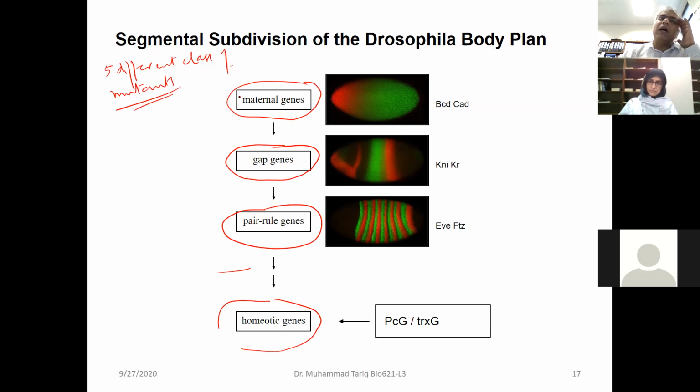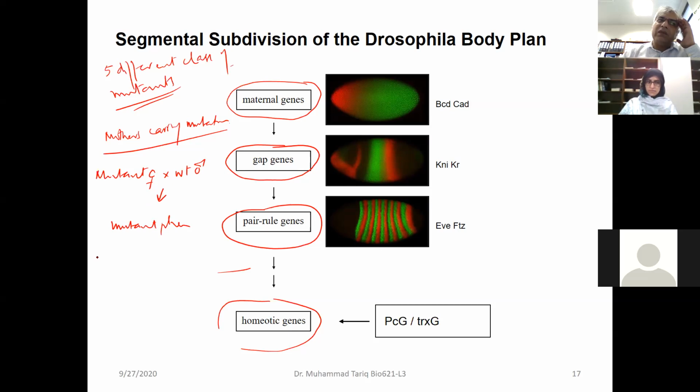Maternal genes are the ones where they observed that if mothers carry the mutation, then we see the phenotype. If mutant mothers are crossed to normal wild type males, we see the mutant phenotype.